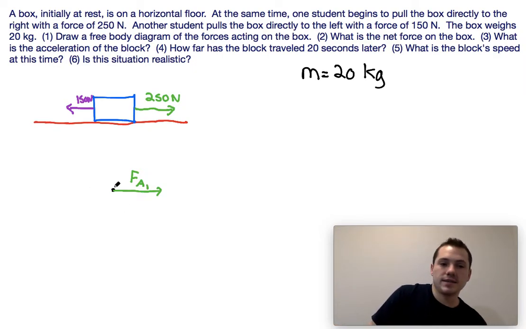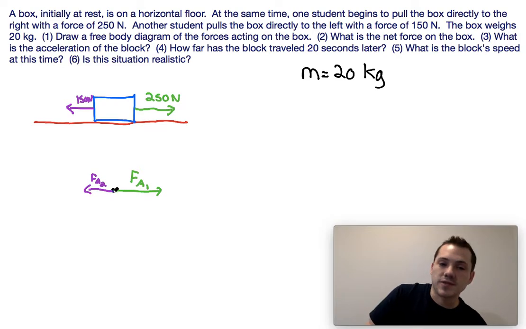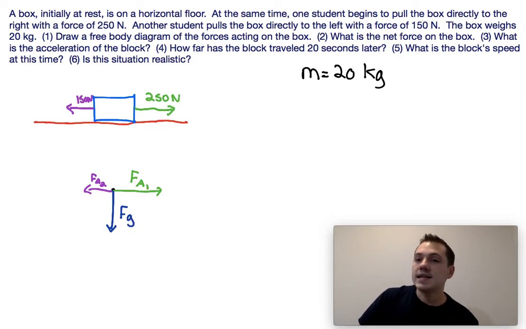On the other side, I'm going to have the applied force 2. And then we know that there must be two other forces on this box because gravity is always acting, assume the box is on Earth, and gravity always acts with a force of Fg. And anytime two things are in contact with each other, there's something called a normal force.